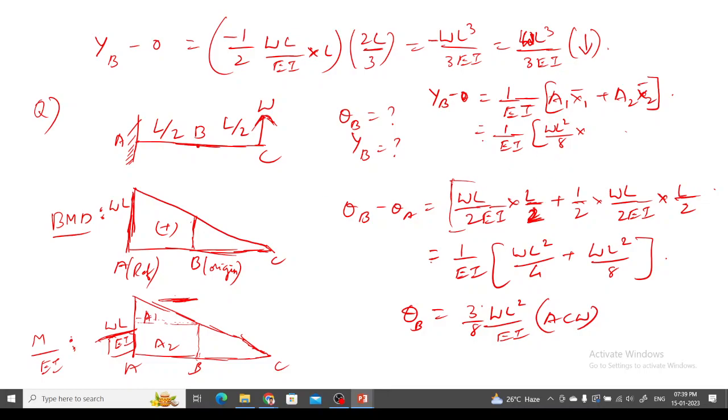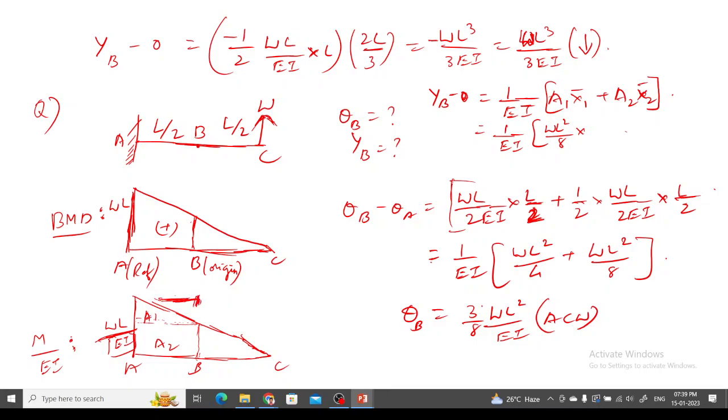Now, what will be the value of X1? That is very important. L by 4 into the area of that rectangle plus L by 3 into the area of that triangle. Yes, L by 3 into the area of the triangle, since from here I am measuring the length.